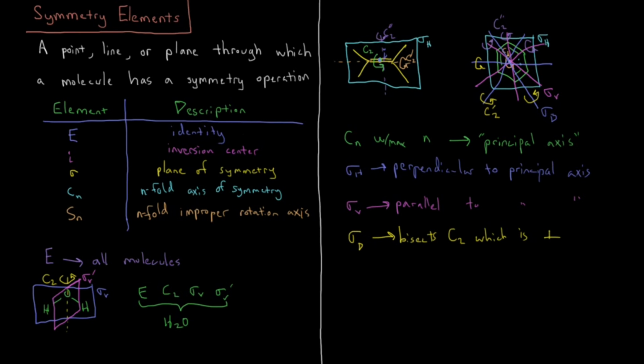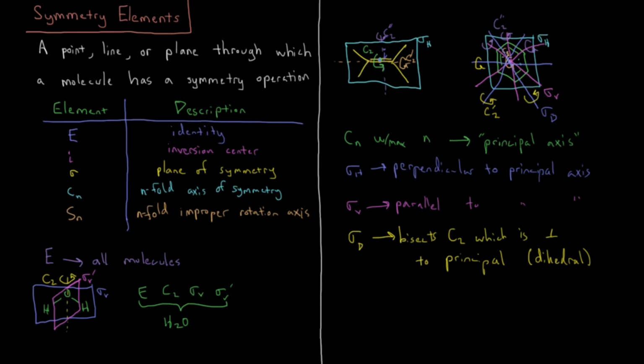That symbol for perpendicular, that kind of upside down T, is perpendicular to the principal axis. And that D stands for dihedral. Sigma h for horizontal, sigma v for vertical, sigma d for dihedral.